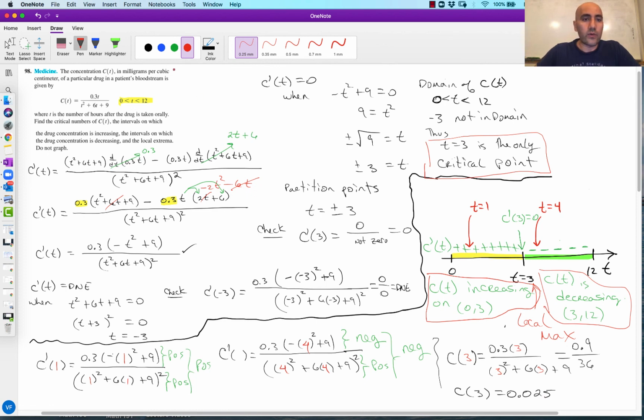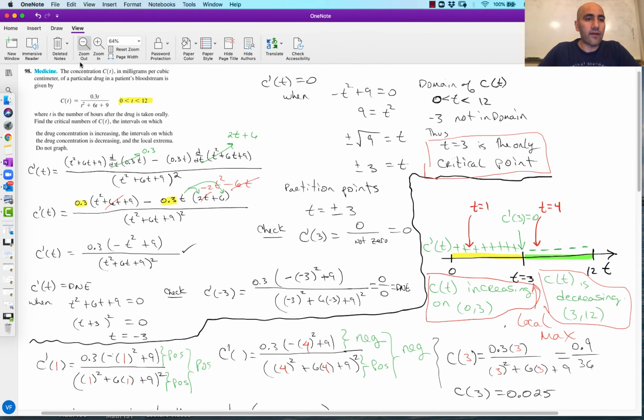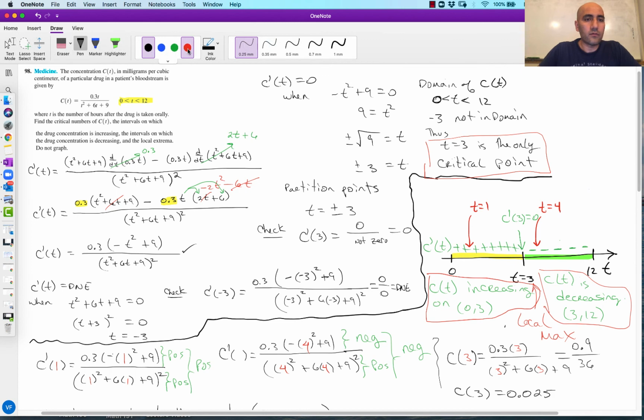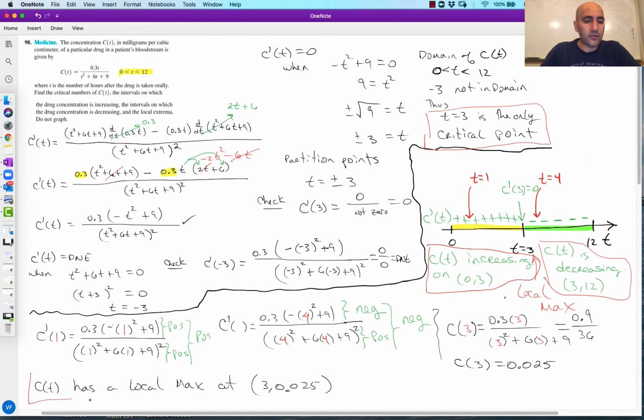So we can then conclude that C of t has a local max at the point (3, 0.025). And that answers the final question.